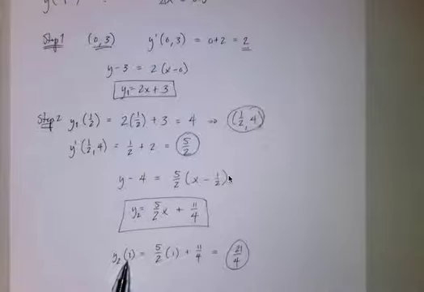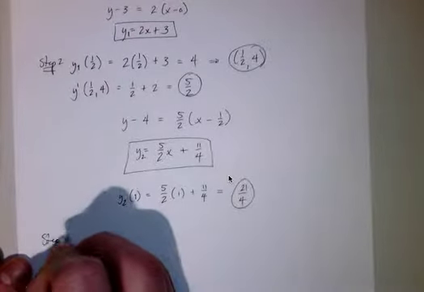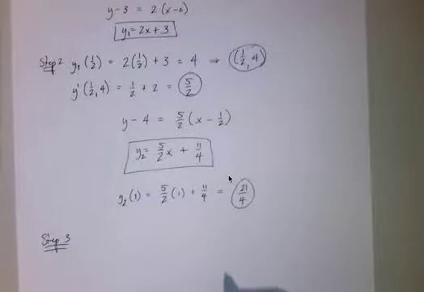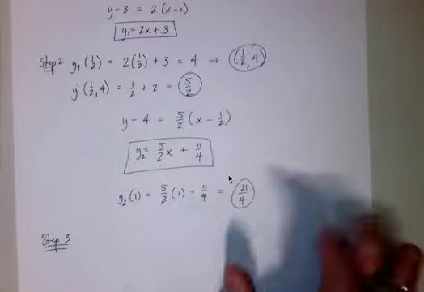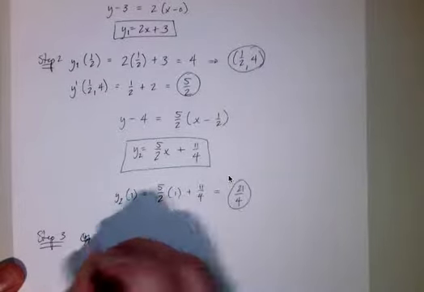Now, here's the thing. If I wanted to take a third step, and let's say I was actually trying to evaluate this not at 1 but at 3 halves, I've already basically gotten this.